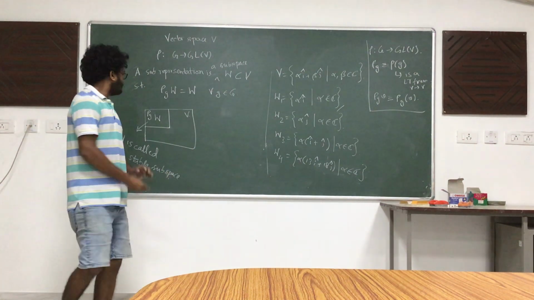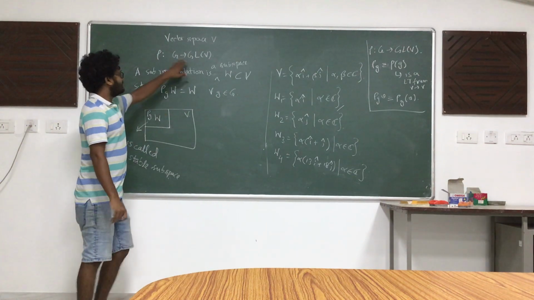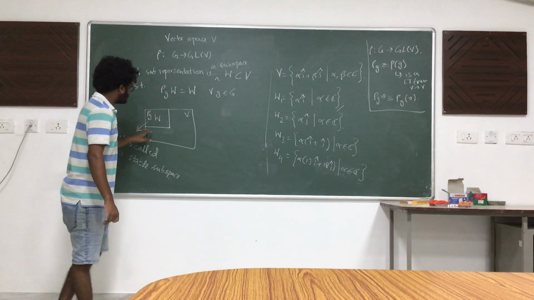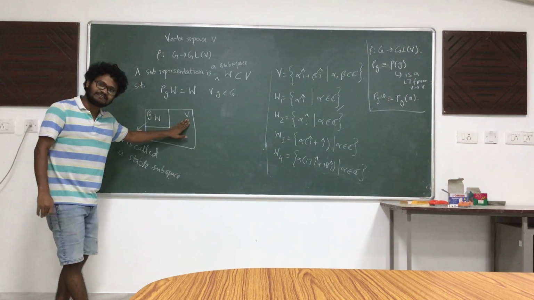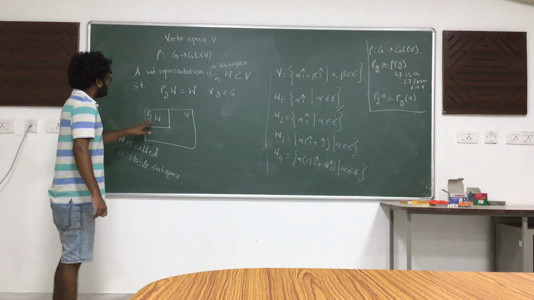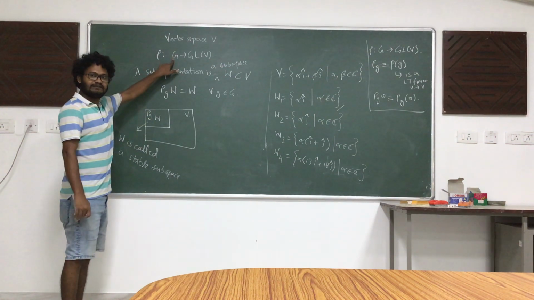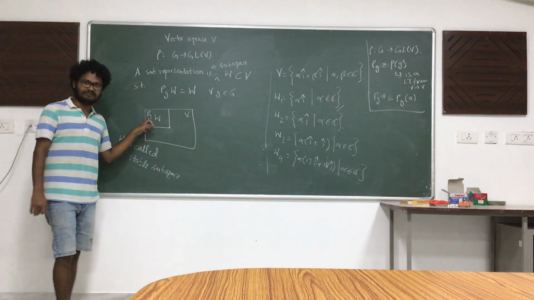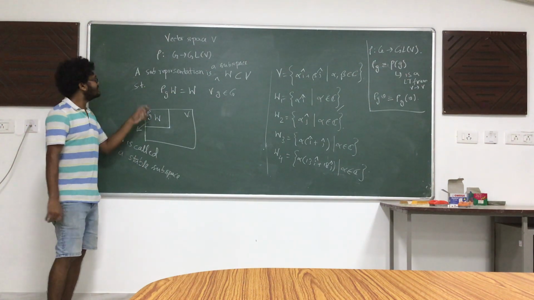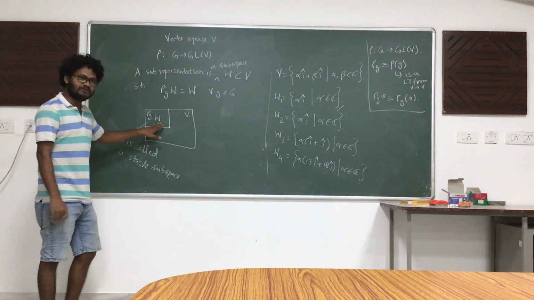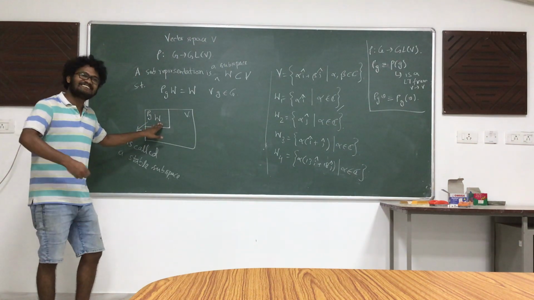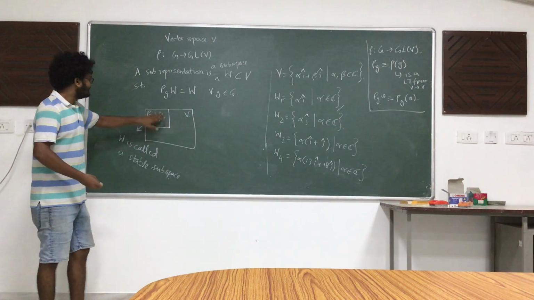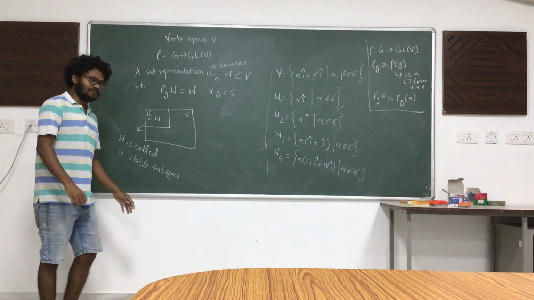Okay. So what does it mean? Let us say we found a representation and we found a subspace of V such that W is stable under the action of G. That means whenever rho(g) acts on any vectors of W, it stays inside W. It does not go beyond. Then this will be called a subrepresentation.